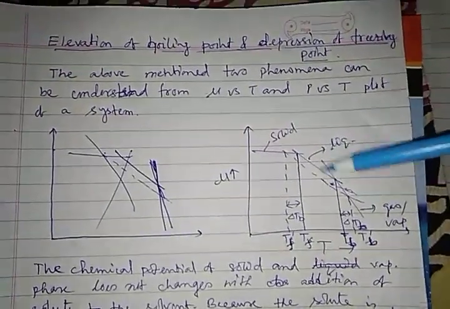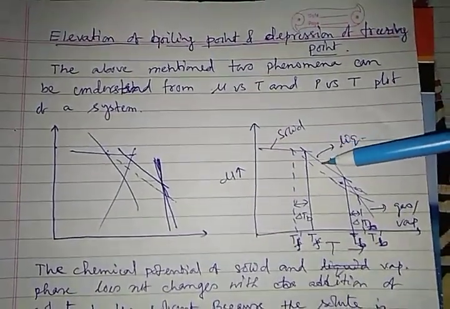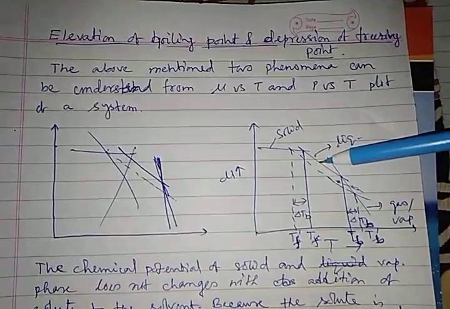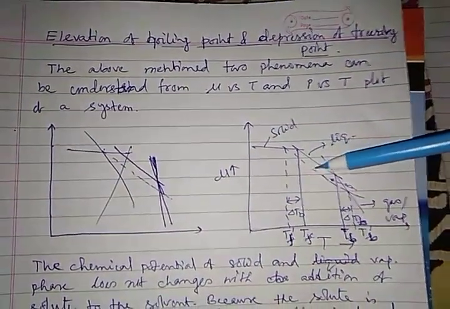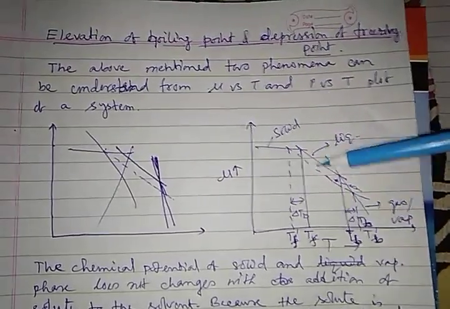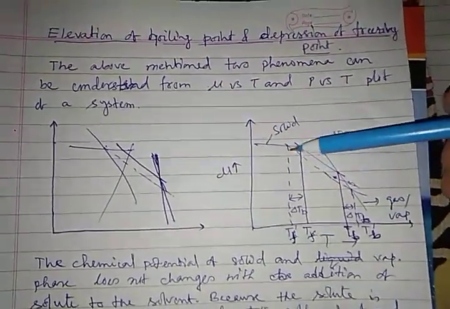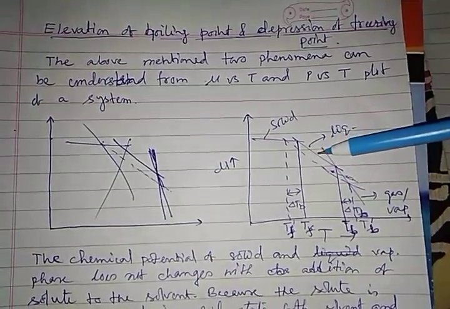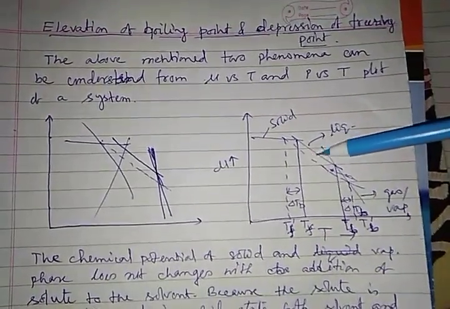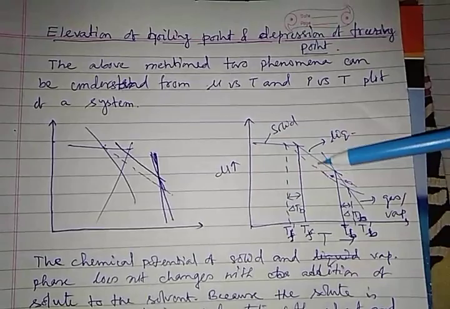So if you look at this, then at any temperature this mu value decreases as pressure is decreasing, that is, as vapor pressure is decreasing. So we only remember that mu decreases from its true value, that is this solid line for solvent, this is for solution.